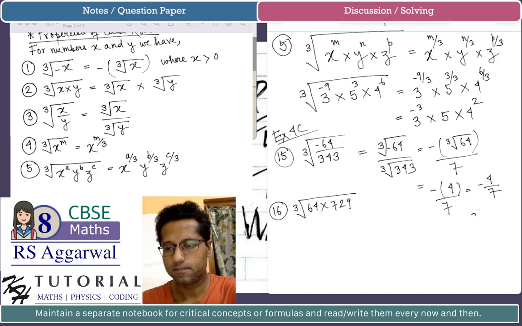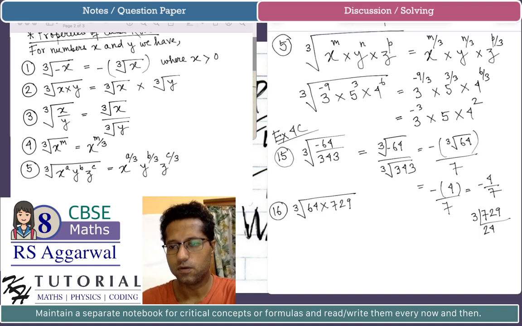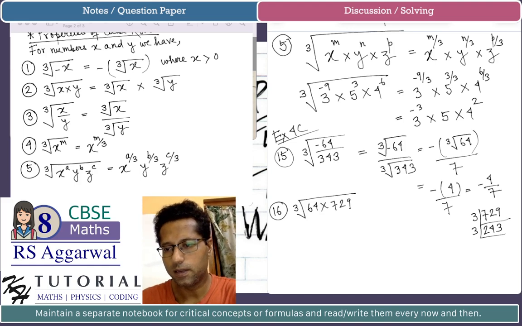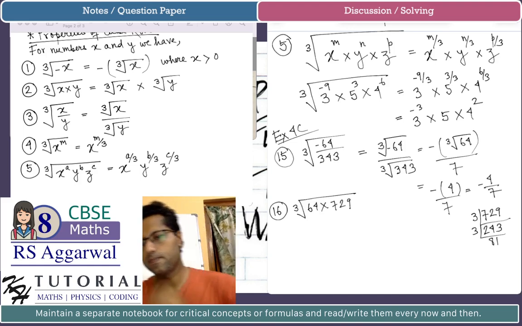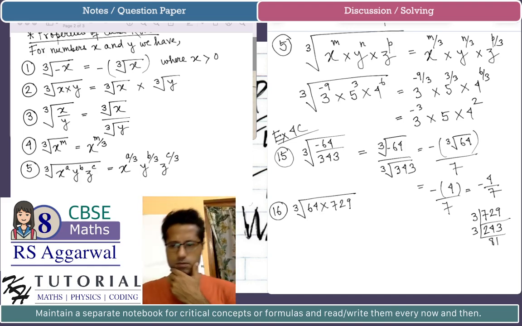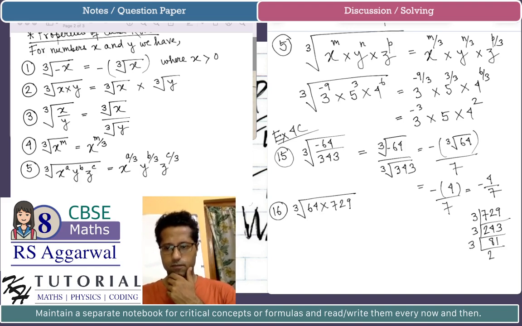729. If I do prime factorization, 729 divided by 3 is 243, and this is 3 again, 81, okay, and this is 27, okay, fine.